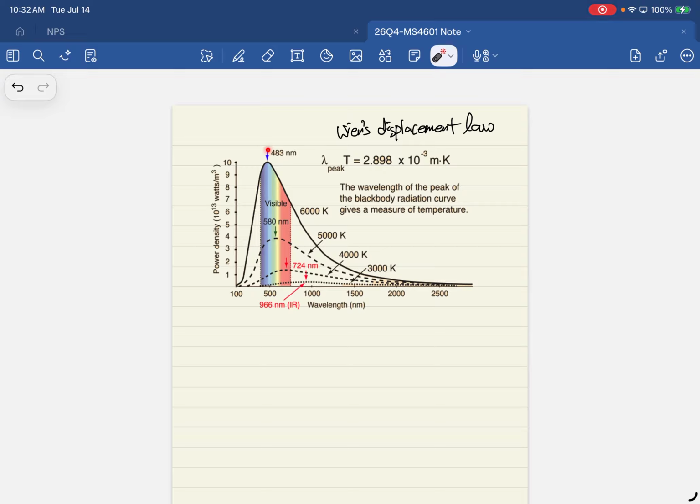Because maximum radiation happens at 483 nanometers, and the visible spectrum is from 350 to 700 nanometers, right? So basically the visible spectrum happens around the peak of the blackbody radiation. Okay, so that is what we can learn from Wien's displacement law.